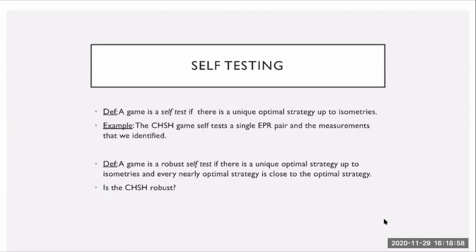Again, you can force them to share more qubits, you can tensor with the identity, but these are the only things you can do: share unused qubits and maybe tensor with the identity. So we saw that the CHSH game is a self-test for a single EPR pair. The state that you're testing, they must use an EPR pair, and also they must use these X's and Z's under the conditions we showed in the previous slide.